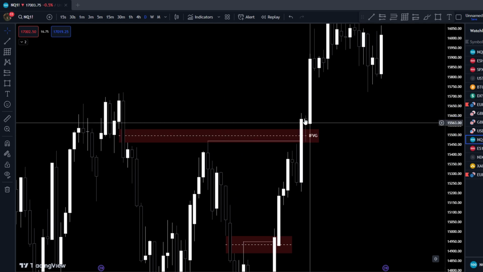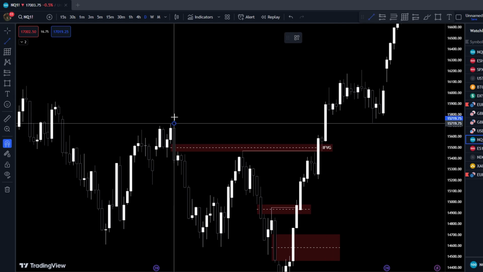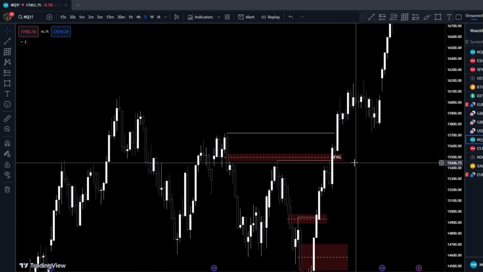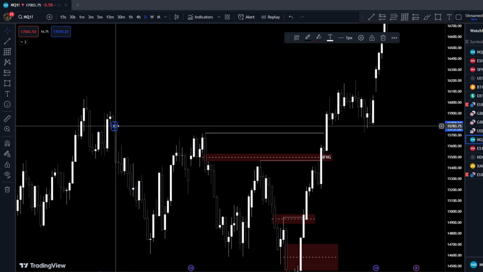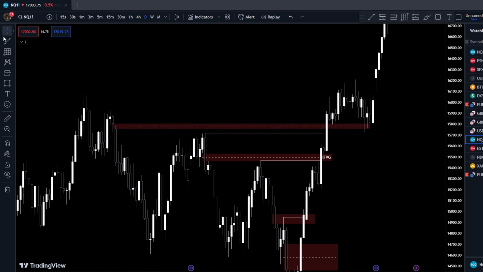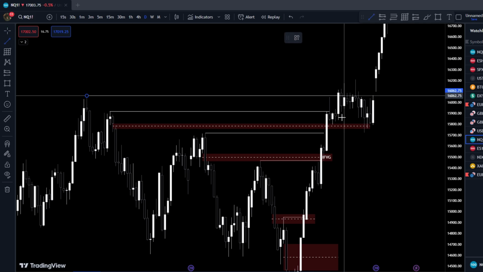So FVG, we find support here, and we push up again to this buy side. And potentially we disrespect this volume imbalance here as well. And we go to this swing high.